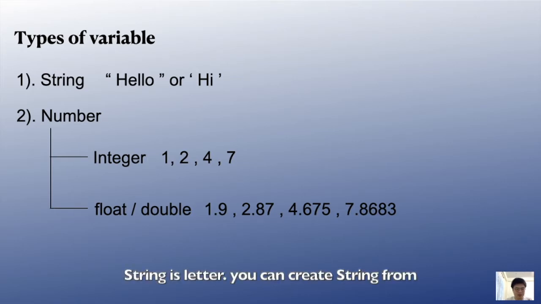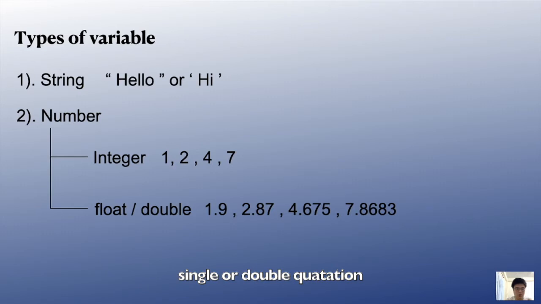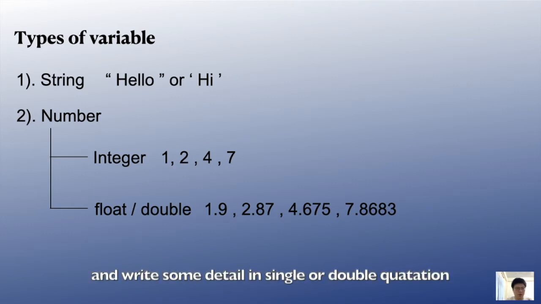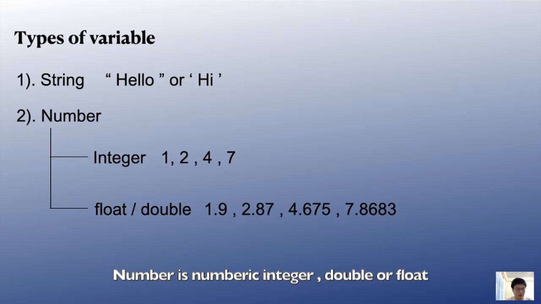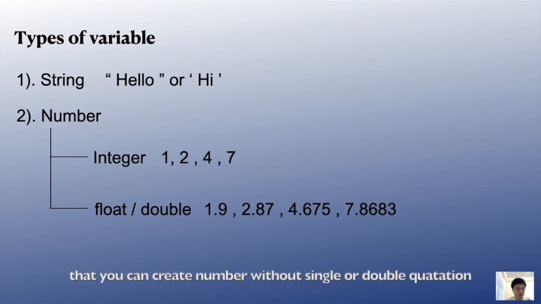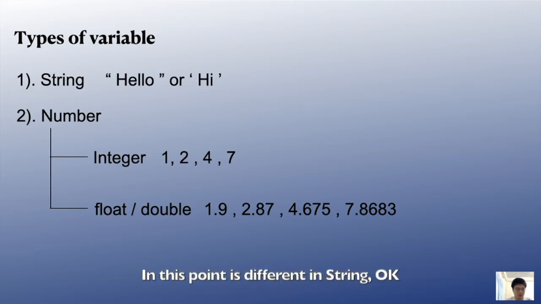You can create string from single or double quote and write some detail in single or double quote. Two, number. Number is numeric, integer, double or float that you can create with single or double quote.